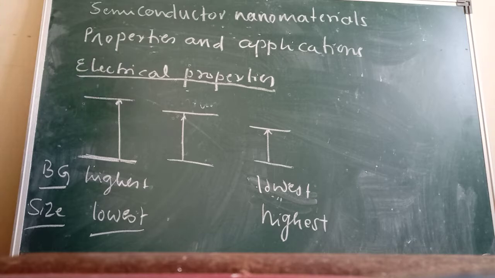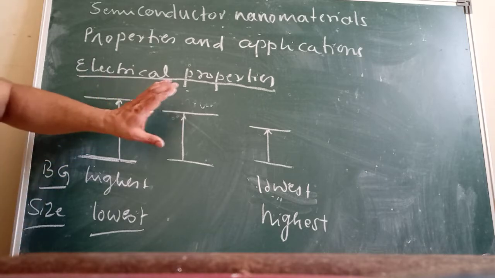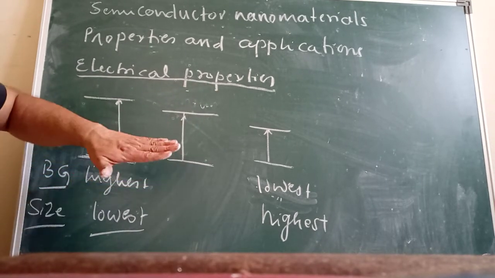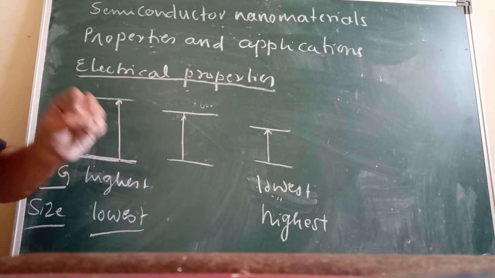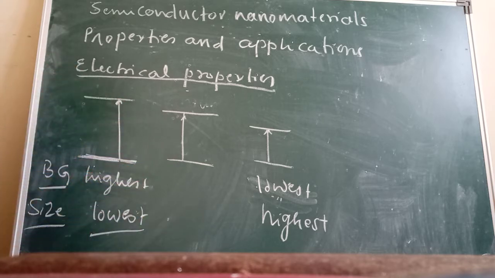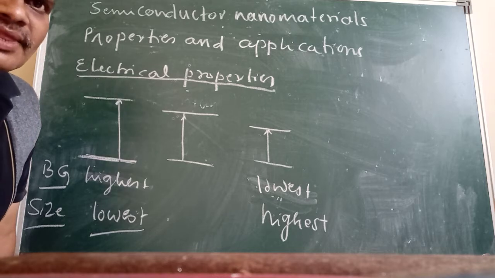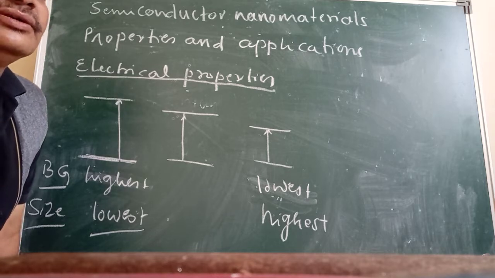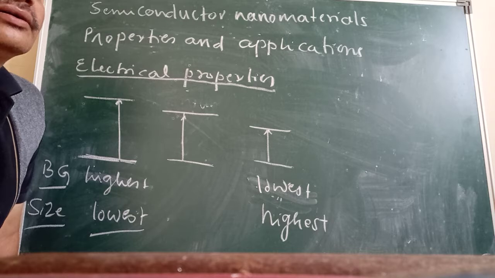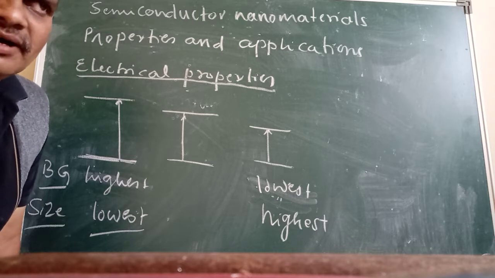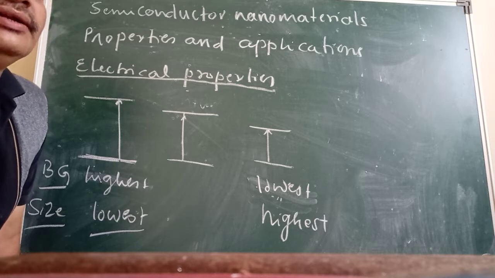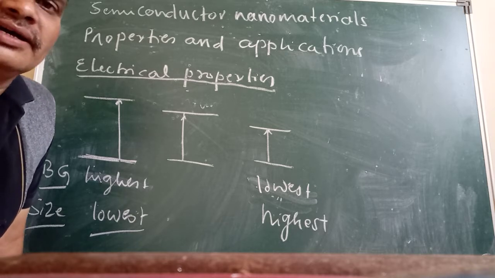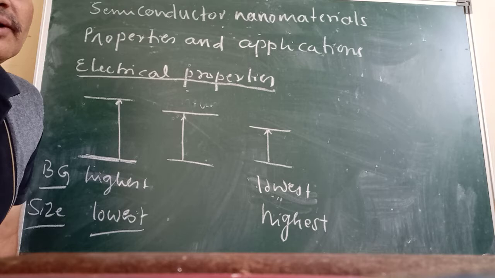Similarly, the electrical properties also vary by doping. For example, transition elements, some metallic atoms are doped, and in some cases some inorganic gases are doped.